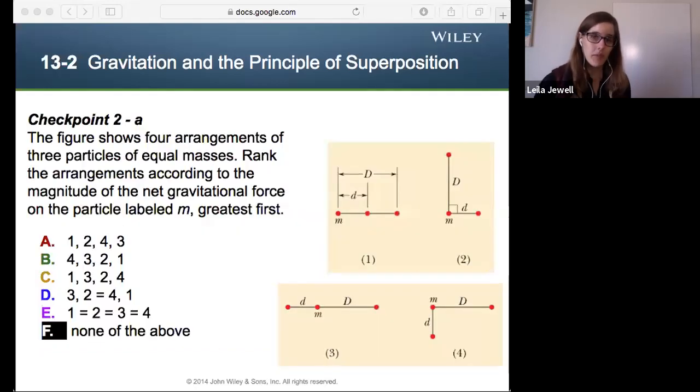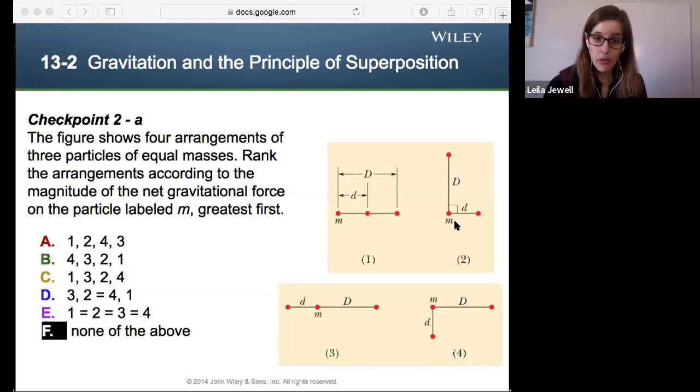All right, if we go back to part A and think about it, we know that the net gravitational force is going to be the sum of the individual forces. We notice in 1, the force that M feels due to the closer one is to the right, and to the further one is also to the right. So both of the forces are pulling the M particle to the right, so that's going to be pretty large.